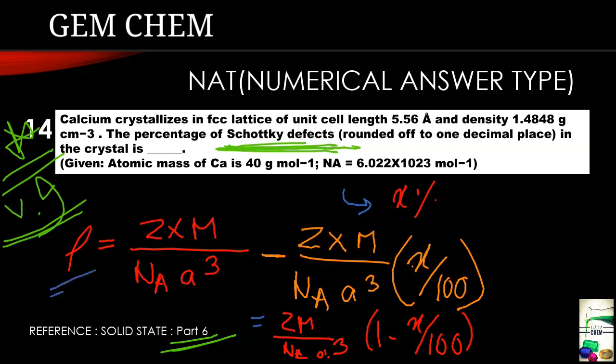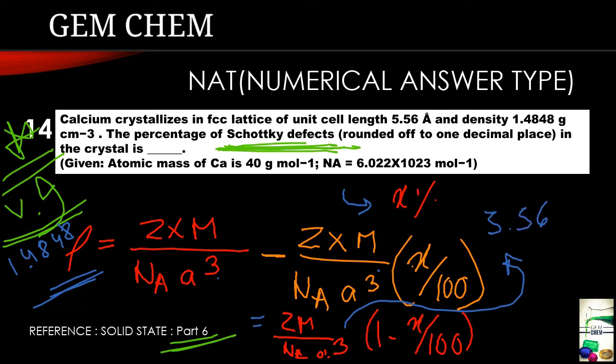For density the value is given as 1.4848, and the unit cell length A is given as 5.56 angstrom, which we need to convert into centimeter, that is 10 to the power minus 8 centimeter. The Avogadro number is also given, and atomic mass is given as 40 gram per mole.